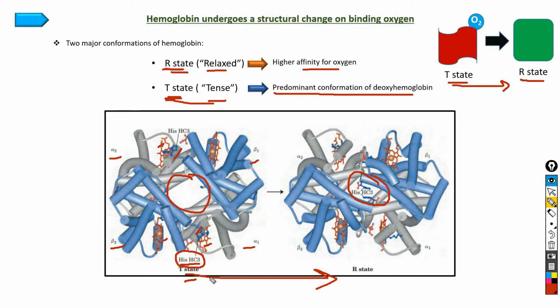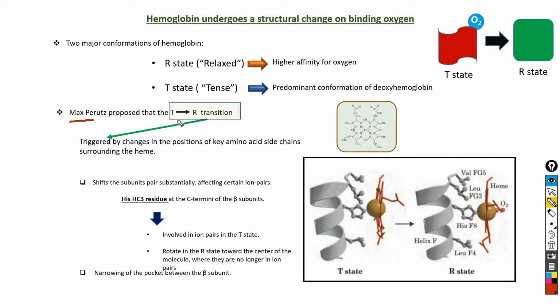But when the entire protein undergoes transition from T to R state, the His HC3 residues rotate towards the center of the molecule, where His HC3 is not involved in ion pairs.